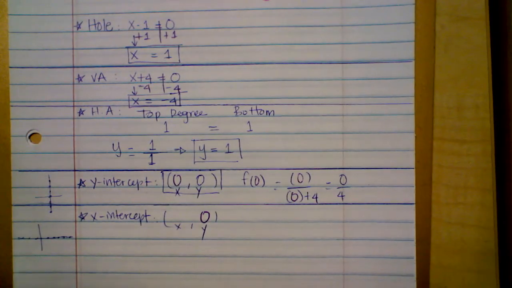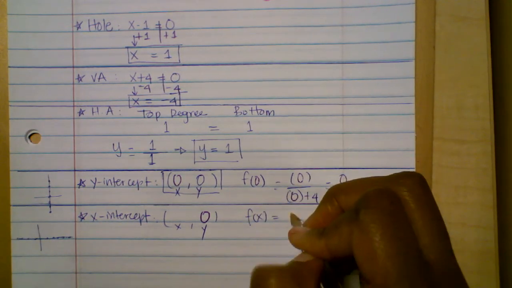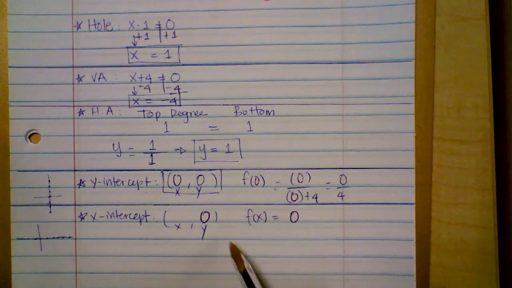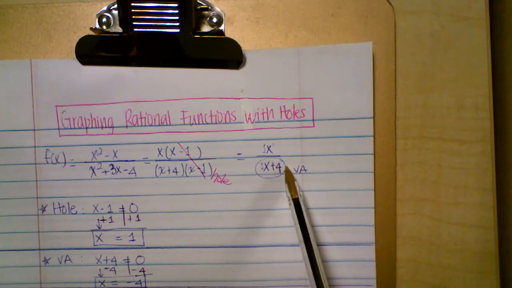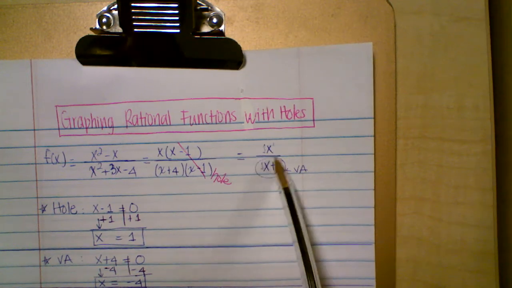So now how do we find the x-intercept? You want to set f of x equal to 0. For rational functions, the denominator cannot be equal to 0. It's only the numerator that can be equal to 0.